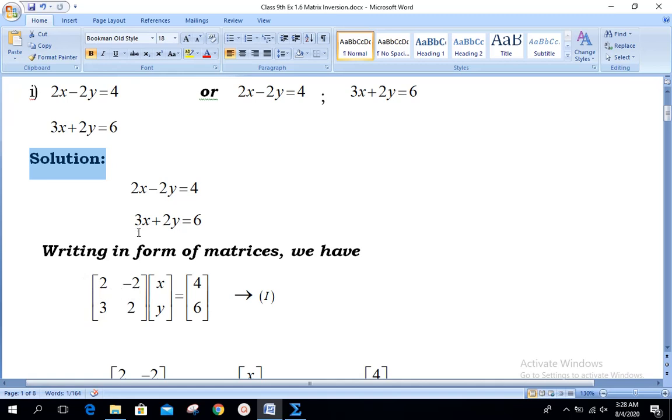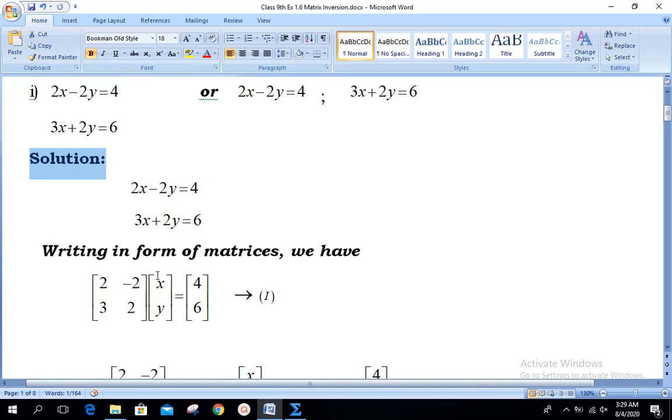Likewise, in the second equation, 3 and 2 are the coefficients of x and y, so these are the entries of my second row. If you want to focus on columns, 2 and 3 stand for my first column. You can see here 2 and 3 are the entries of my first column. Likewise, the second column is minus 2 and 2, and you can verify over here that minus 2 and 2 are the entries of my second column.